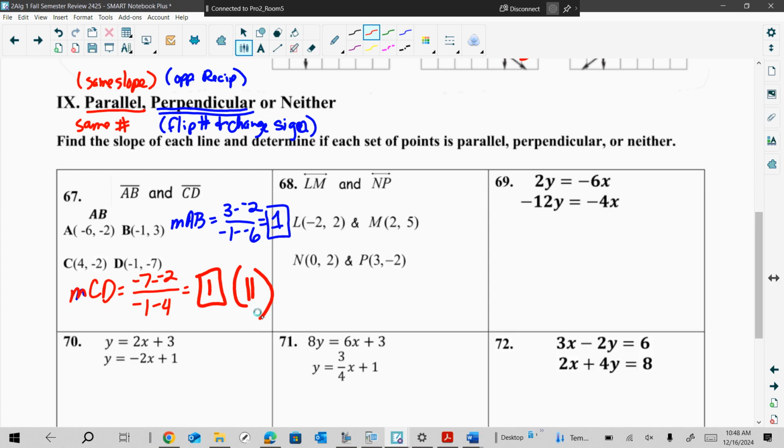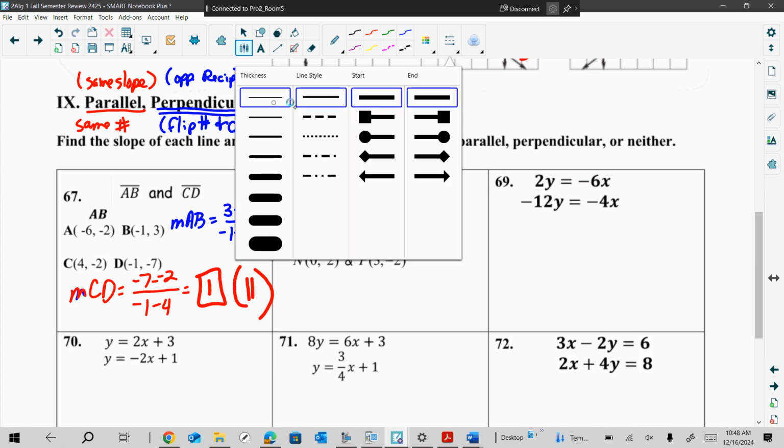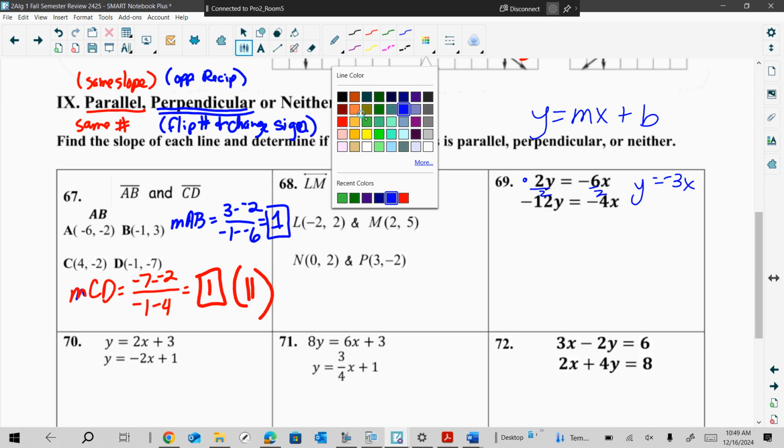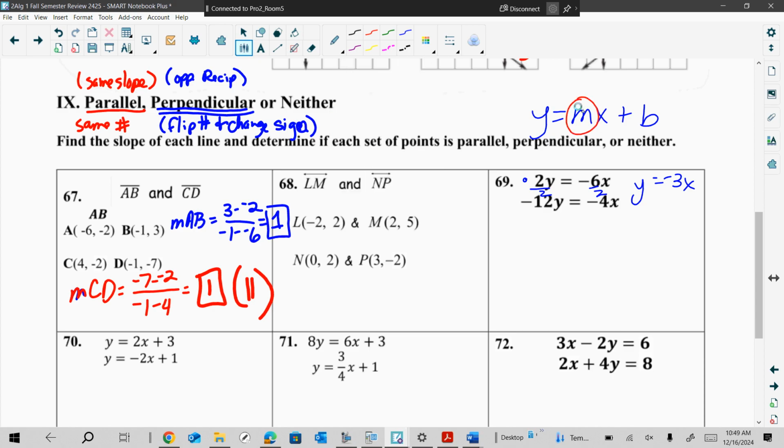Now, my concern is when it's not 2 points, when you have an equation. For the equations, you need to solve for y. So on this first equation here, I would have to divide by 2. So y equals -3x. You want the equation in mx plus b form because the m is your slope.